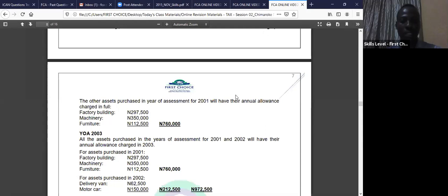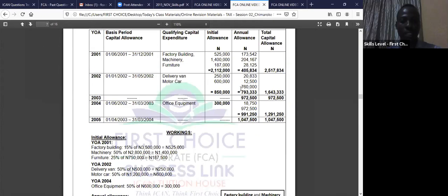That's the 760 I was talking about here. So when you add 760 plus this figure plus this figure, you are getting this for your annual allowance. You are having a total capital allowance of this figure.